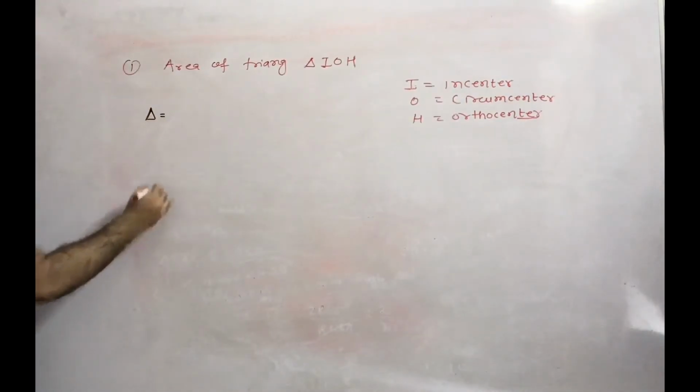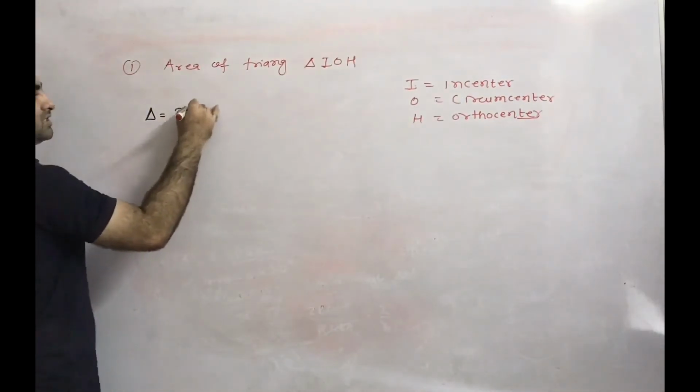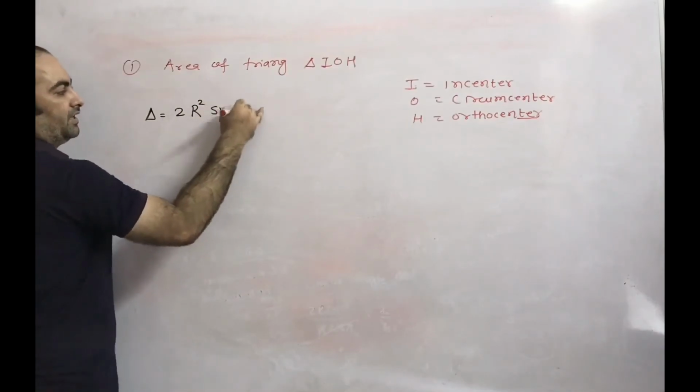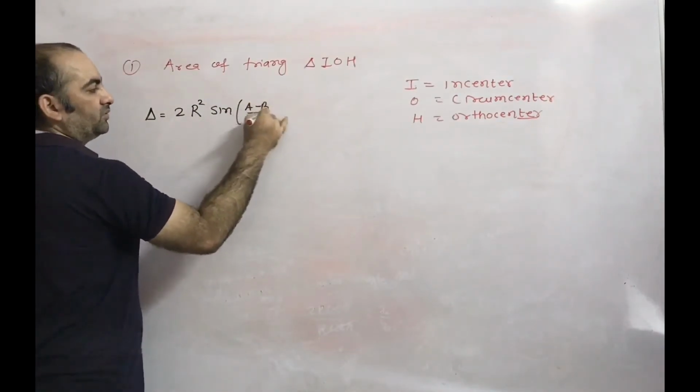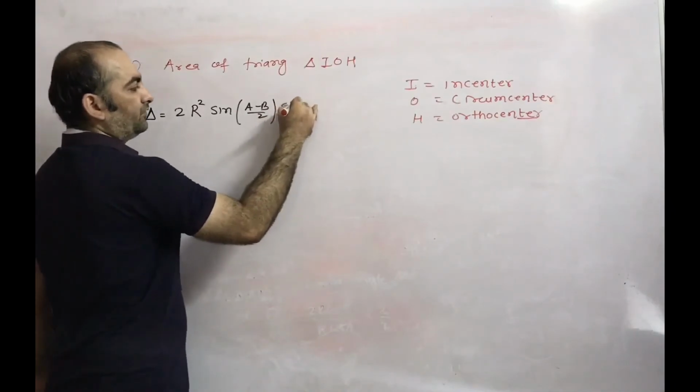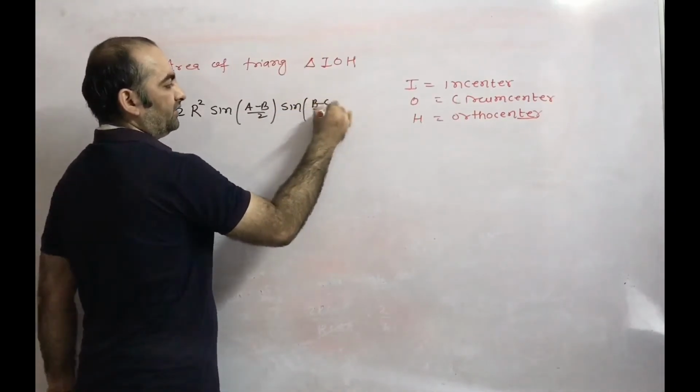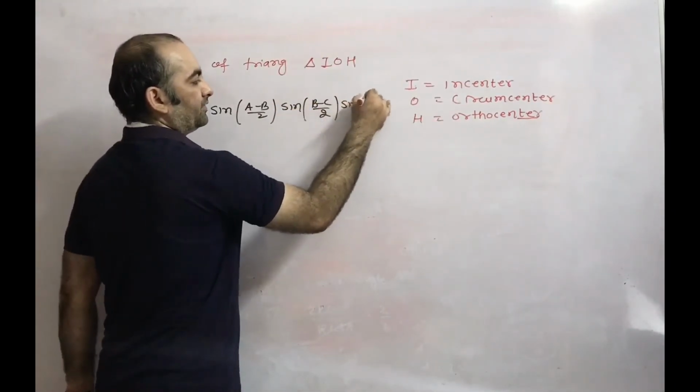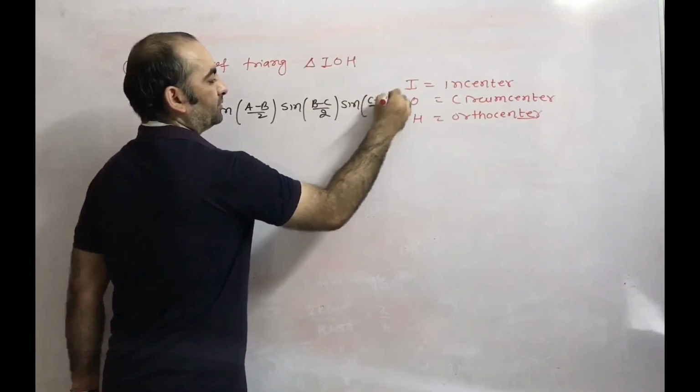Delta equals 2 R square sine of (A minus B) by 2 into sine of (B minus C) by 2 into sine of (C minus A) by 2.